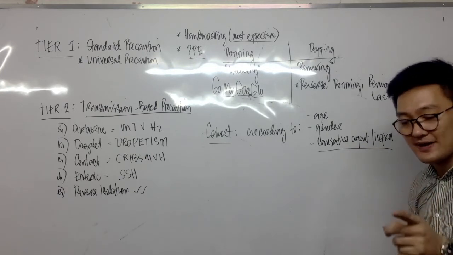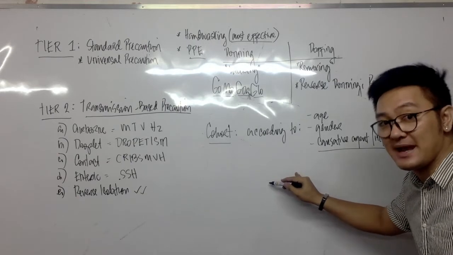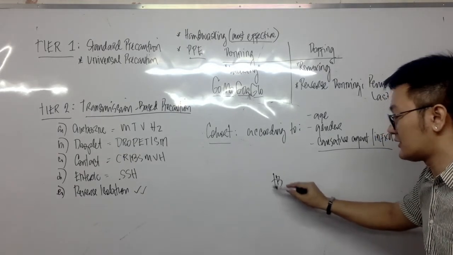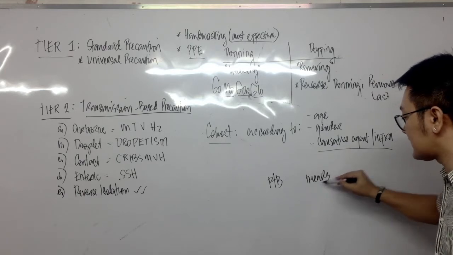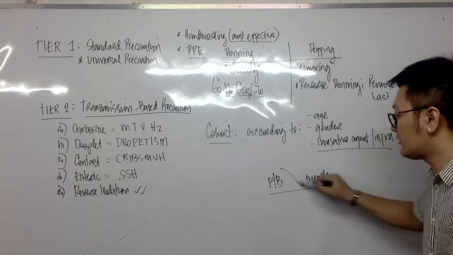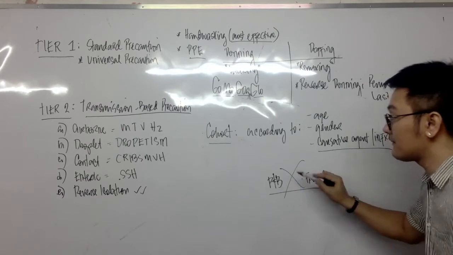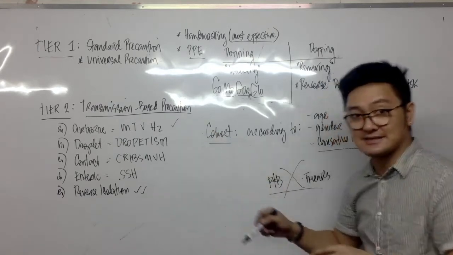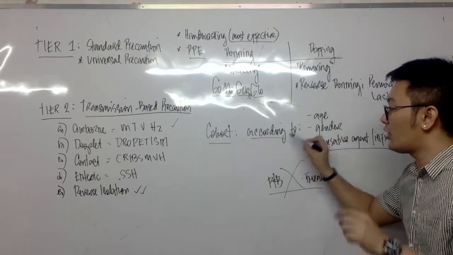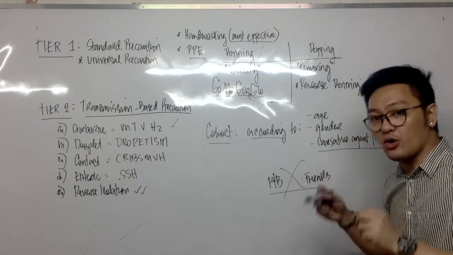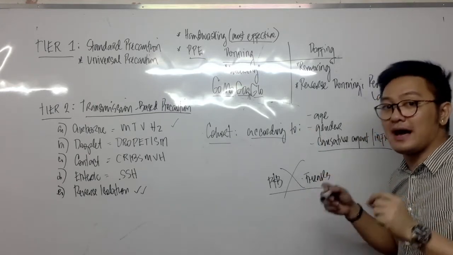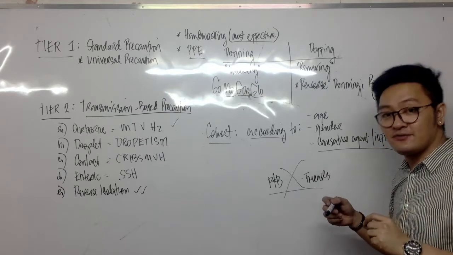You cohort patients according to causative agent or according to infection. Can you follow? Question. Can you cohort a patient with tuberculosis, PTB, and a patient with measles? Can you cohort them together in the room? No. Sir, they're the same, airborne infection. Yes, but I did not say cohort according to mode of transmission. You cohort according to infection.